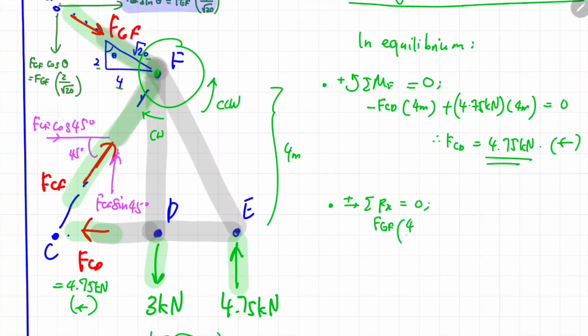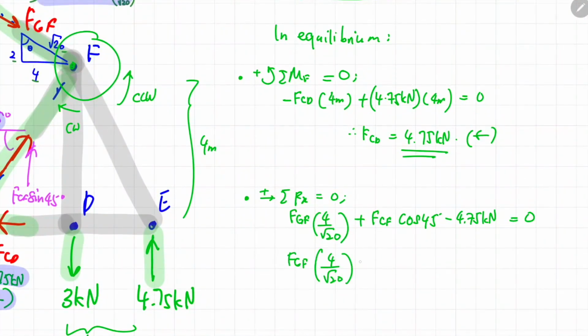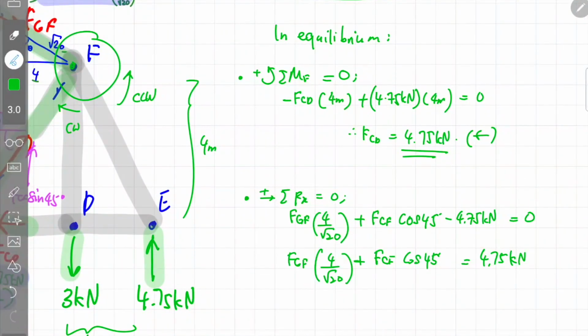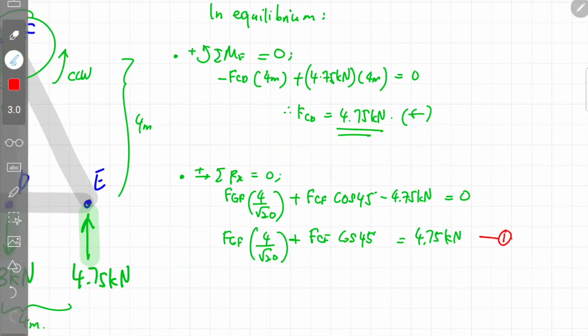Try to do this on your own, and at the end of the day, the final equation will become like this. You cannot solve it just yet because there are two unknowns in your equation, which are FGF and also FCF. So we'll leave it as it is, and we'll call this equation 1.